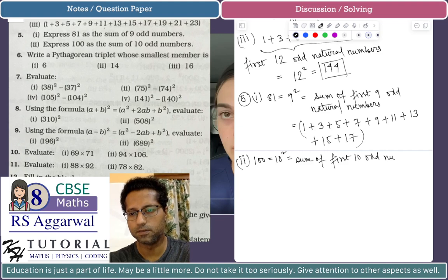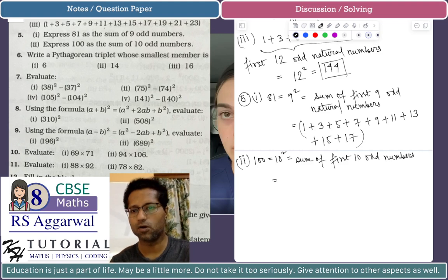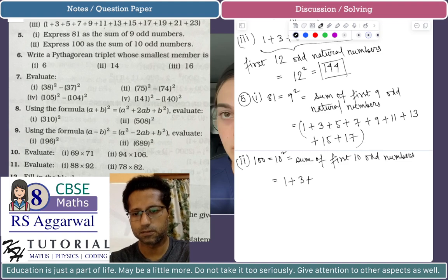Numbers means natural numbers. So the first 9 odd natural numbers went from 1 to 17. So this will be 1 plus 3 plus 5 plus 7 plus up to 19.